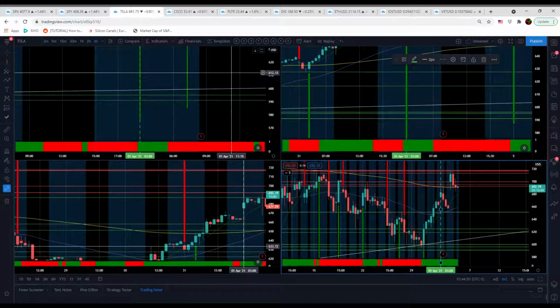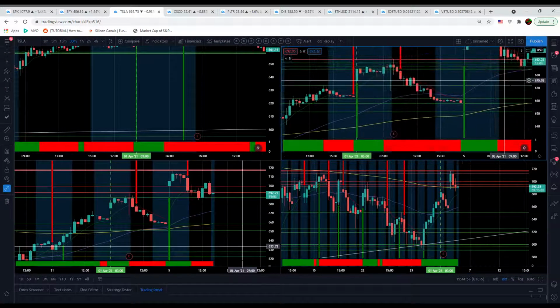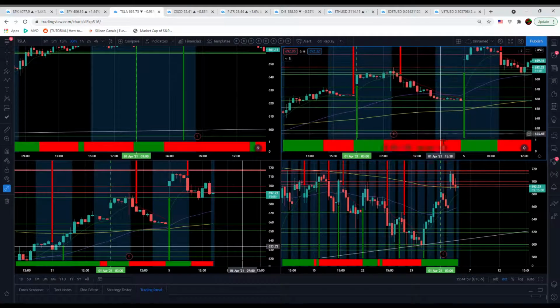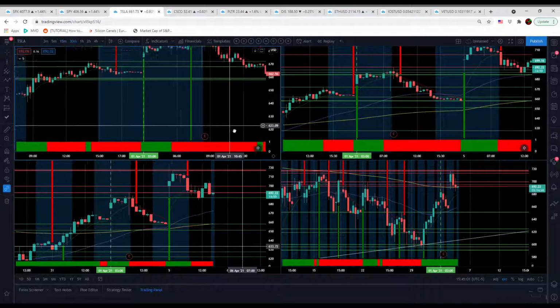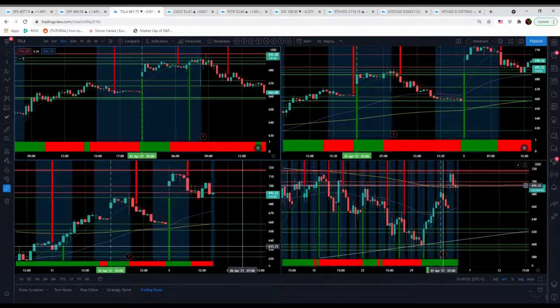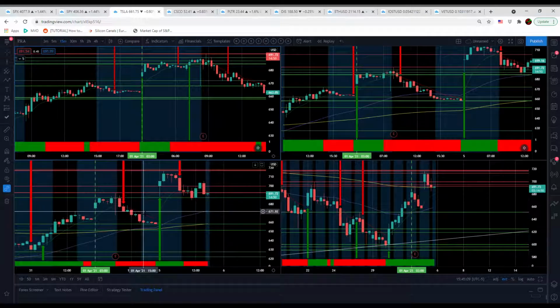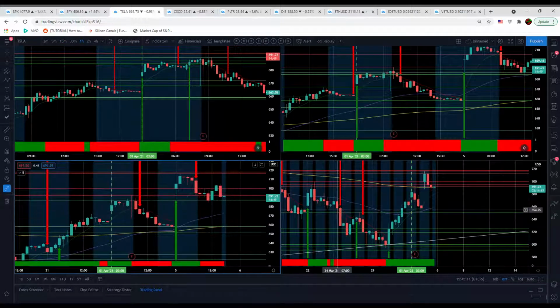I think this one was based on the news too when it went up. Yeah, I mean this one was still not valid because in 4 hours we had a bunch of confluence here. It would have been valid here. Yeah, that one was a tough swing. If you had to swing this one, it was pretty tough based on the news.